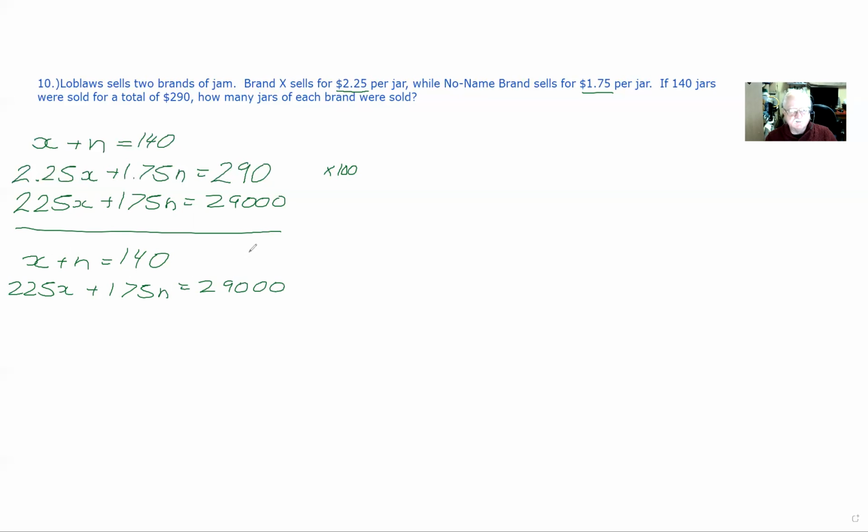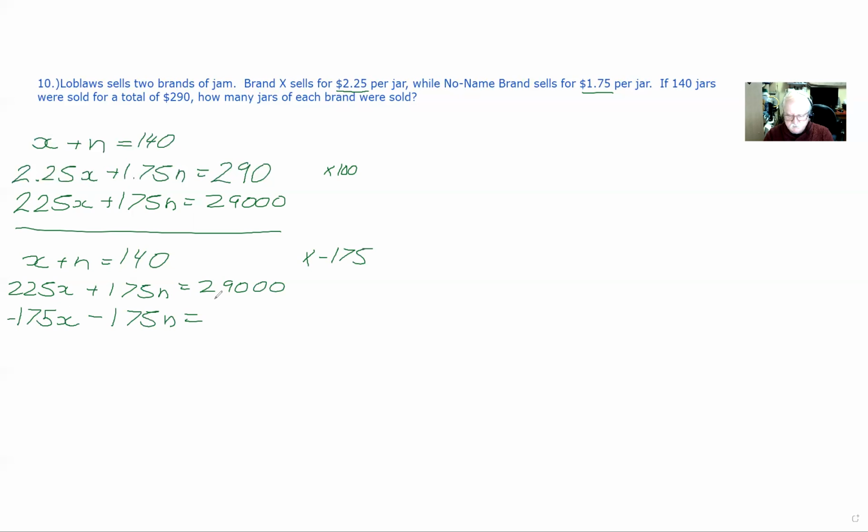I'll pick the 175 just because it's a slightly smaller number. So times, and it's got to be negative 175. So we get negative 175X take away 175N equal to whatever 175 times 140 is.